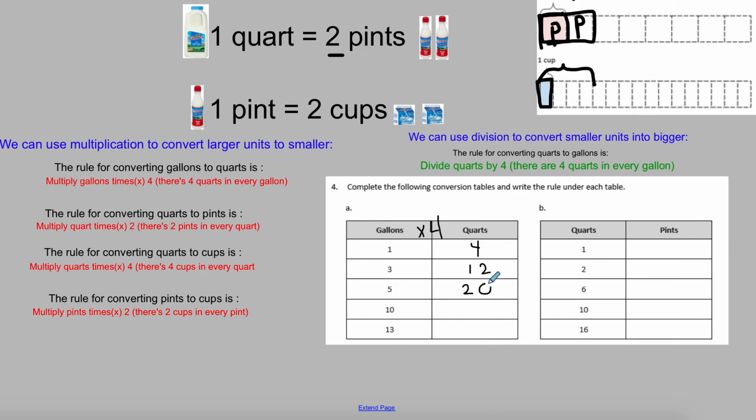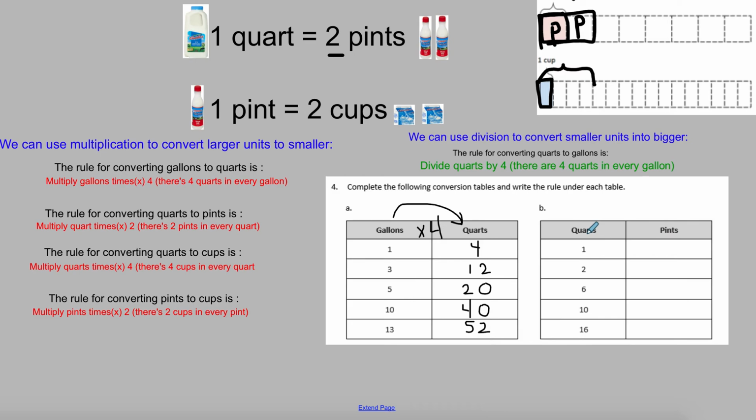So I'm converting my gallons into quarts. 10 times 4 is, I wish you were here and I could ask you to tell me all the answers. And gallons, 13 times 4 is 52. We could do that. You could write it on paper. But the idea is we are converting our gallons into quarts by thinking how many quarts are in a gallon.